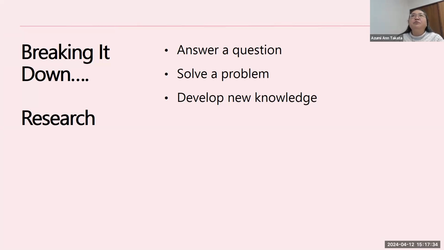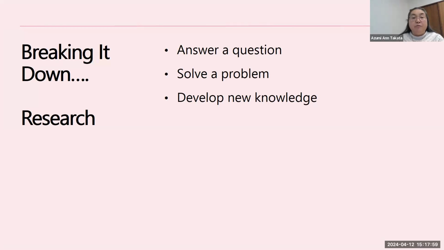What does it mean to do research? Very broadly speaking, it means to answer a question or solve a problem, fundamentally to develop new knowledge. And then the question becomes, what kind of question, what kind of problem? What are good questions to ask for research, what are good problems to solve, what are critical problems that have to be solved?